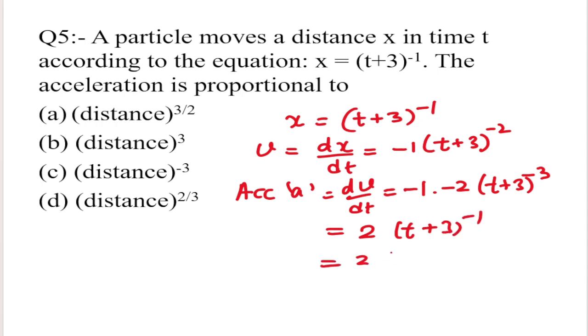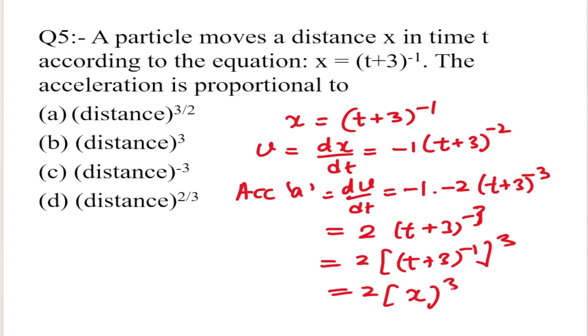This is a, and this we can write as whole cube. ये -3. अब t plus 3 minus 1 that is equal to x. So x power 3. So acceleration equal to 2x power 3 means acceleration directly proportional to x cube. So second is the correct option.